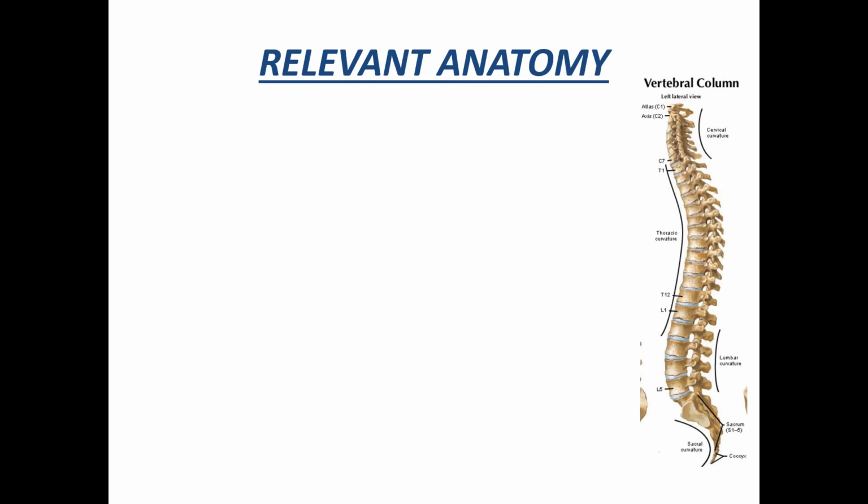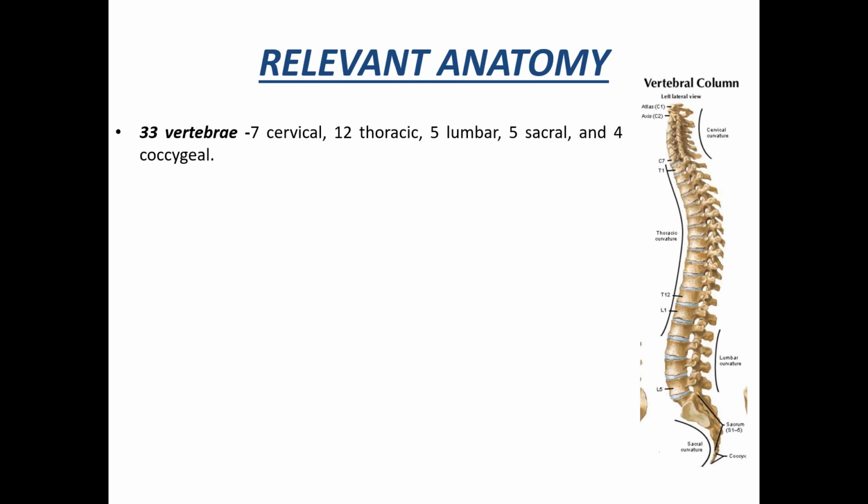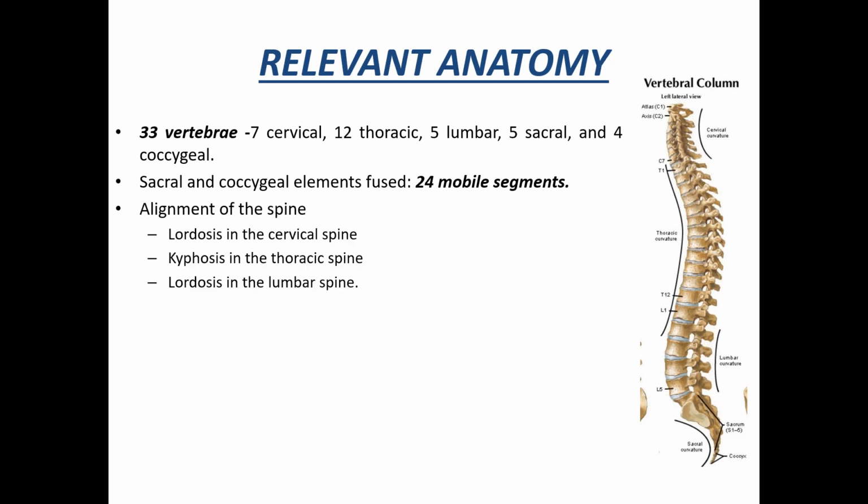First, we have to know the relevant anatomy. There are 33 vertebrae: 7 cervical, 12 thoracic, 5 lumbar, 5 sacral, and 4 coccygeal. Sacral and coccygeal elements are fused, so there are 24 mobile segments. There is an S-shaped curve.